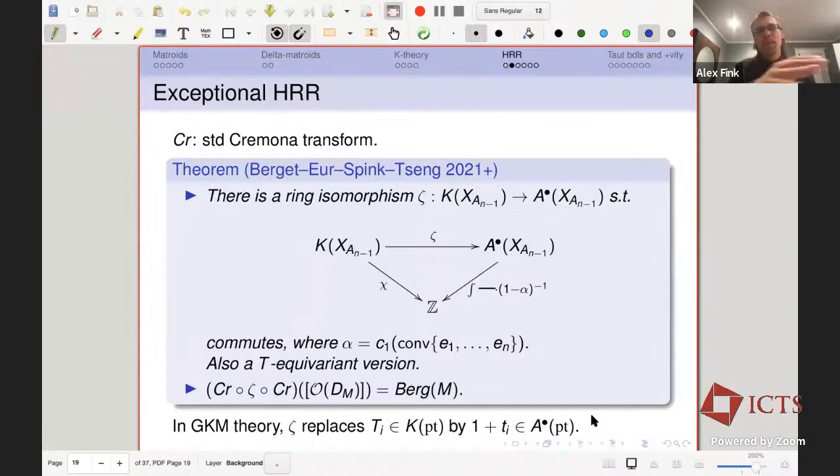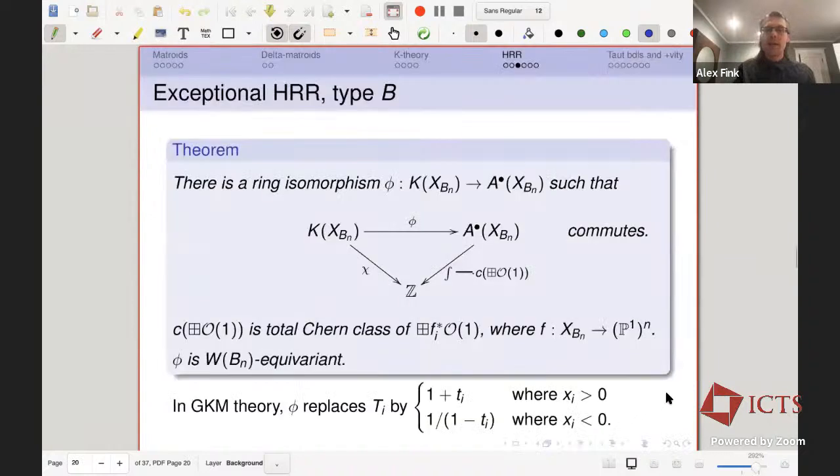So that is from this arXiv paper of Bergman, Fink, and Seng in type A. And our paper, to appear, has the counterpart in type B. So it's a similar kind of thing, not a derivative of Hirzebruch-Riemann-Roch, but a replacement. You do a game with localization, slightly more complicated in this case. You have to make a different replacement where x_i is positive than where it's negative.